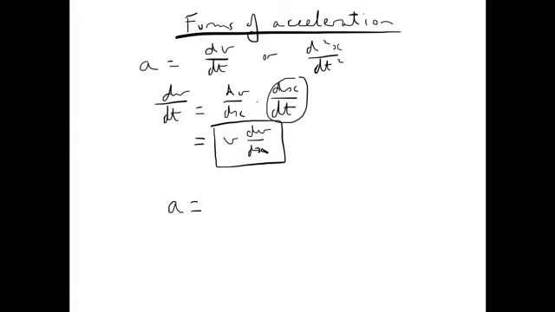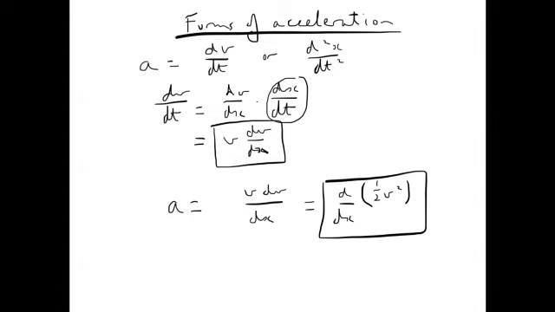Now, imagine v dv. We could actually think about this as v dv over dx, just mucking around with what we do here. Now, v dv means the antiderivative of v. So you have d/dx, and the antiderivative of v is a half v squared.